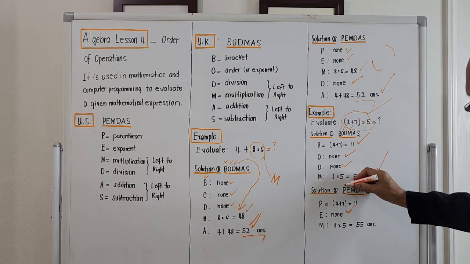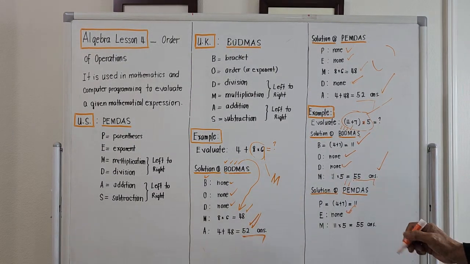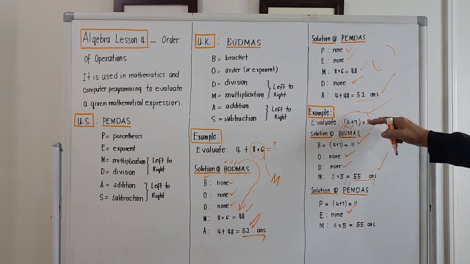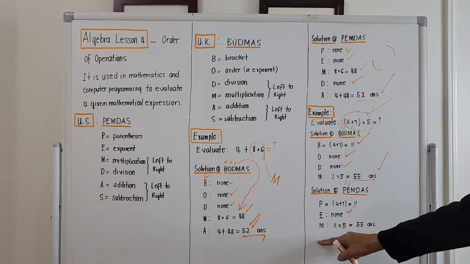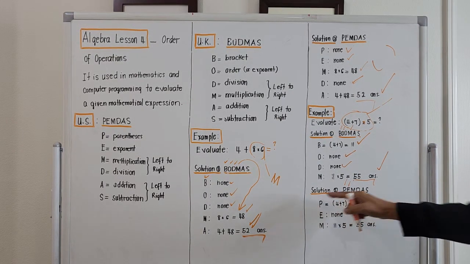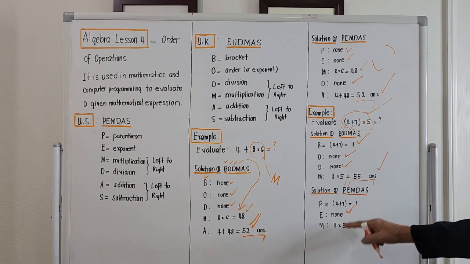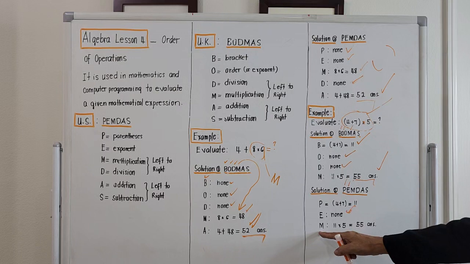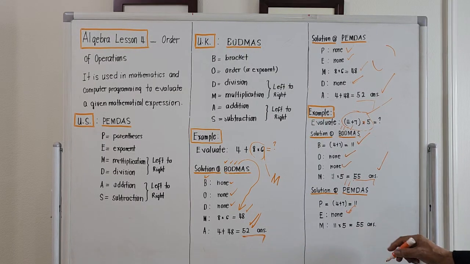We are now through with P, we are now through with E. Is there a multiplication? There is, the simplified value of this quantity multiplied by 5. So under M, it should be 11, which comes from P under parentheses, times 5. This times refers to the multiplication operation. So 11 times 5 will be 55, and that will be the answer.